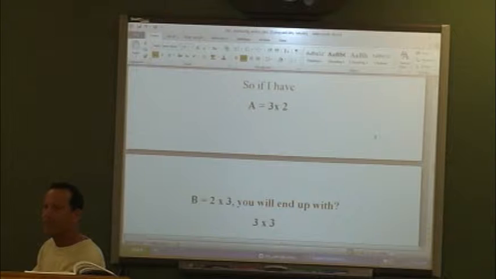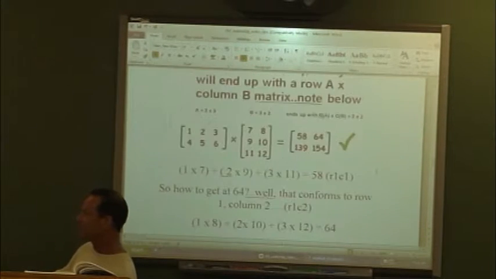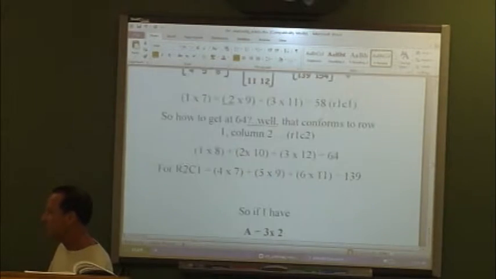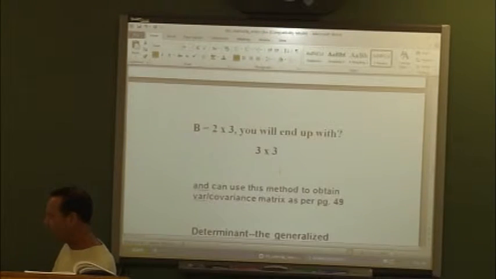It's the rows of A by the columns of B. That's what you'll end up with, just like we ended up here. Remember, this is a 2 by 3 and a 3 by 2, and we end up with a 2 by 2. So this is what we end up with, everybody.